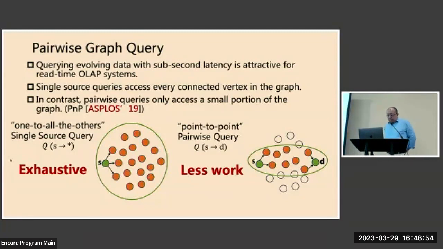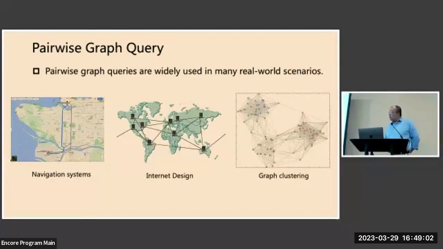This type of query is also the focus of some recent work, and it has wide application. For example, in a navigation system, we want to find the point-to-point shortest path.